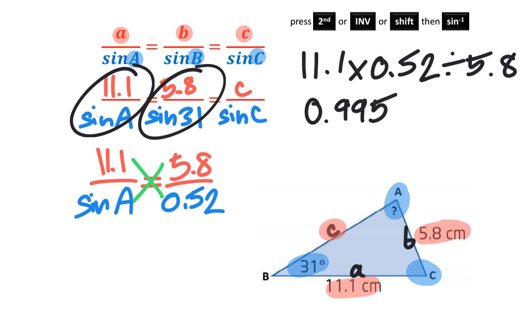Again, depending on your calculator, you're either going to have to put this number in first, then press this button, or press this button first, then put this number in. Either way, when you do that, you should get an angle of about 84.3 degrees. Therefore, this unknown angle is approximately 84.3 degrees.